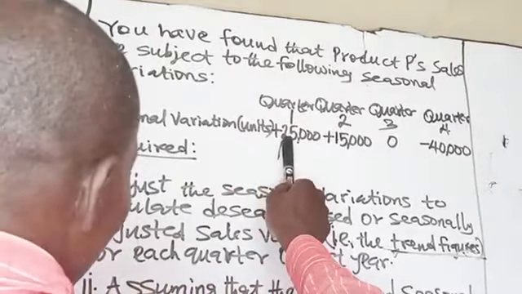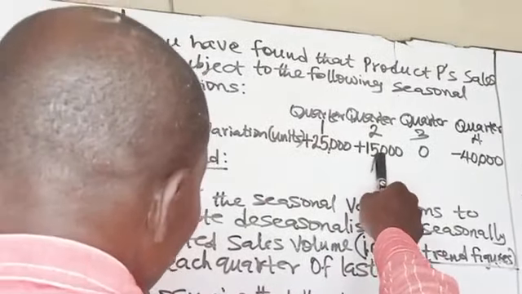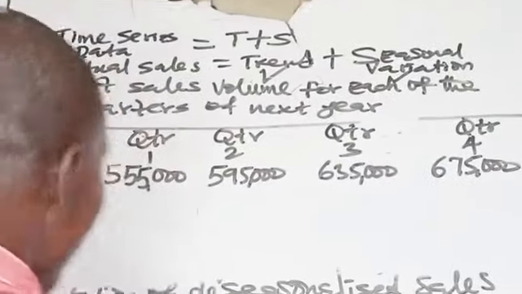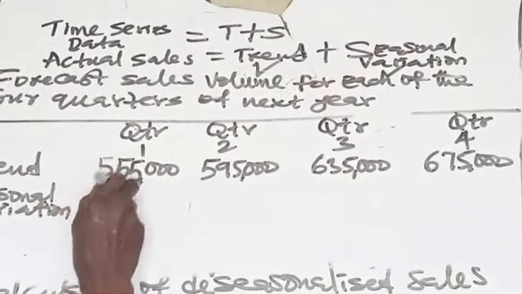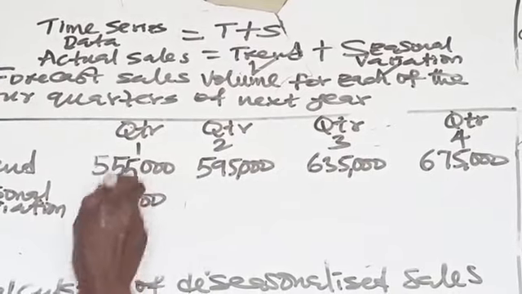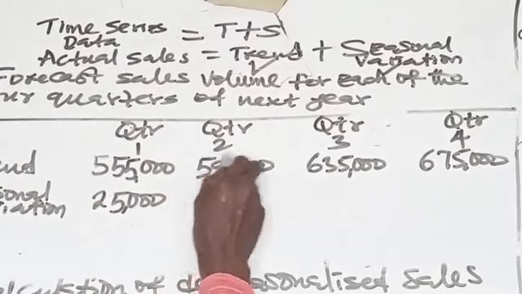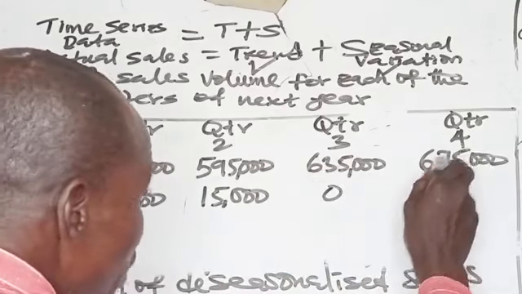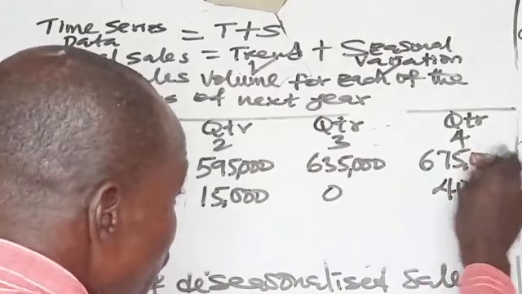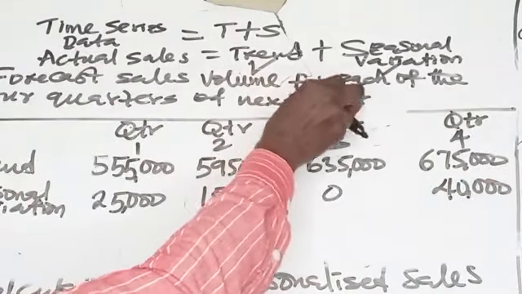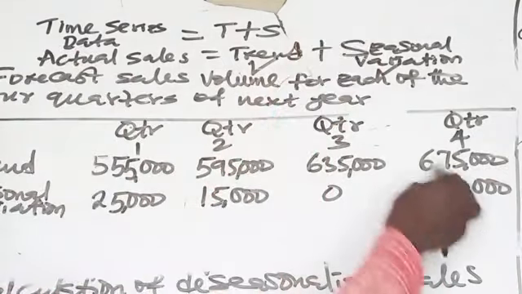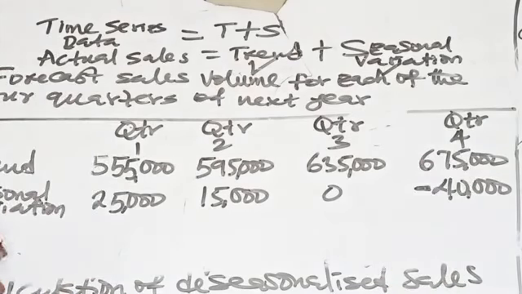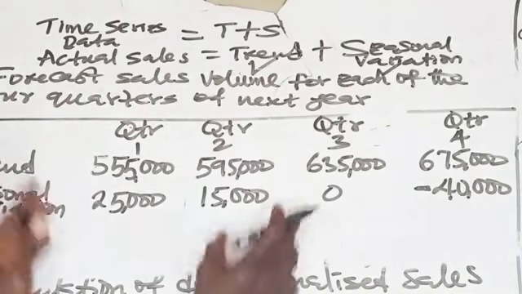Plus 25,000 for quarter 1, plus 15,000 for quarter 2, 0 for quarter 3, minus 40,000 for quarter 4. This carries minus. Plus times minus will still be minus, since this carries minus. You are calculating actual sales, not trend this time around. The symbol will not change.